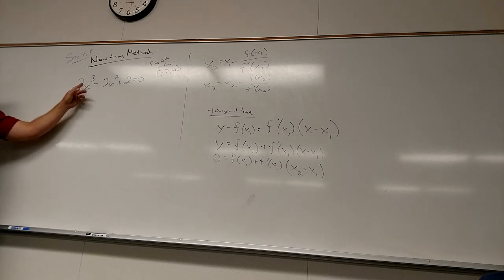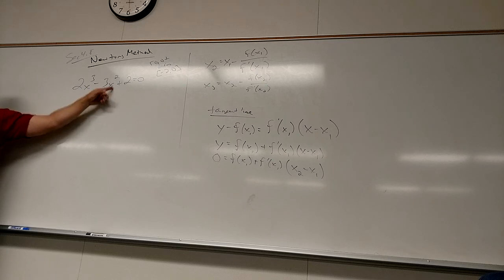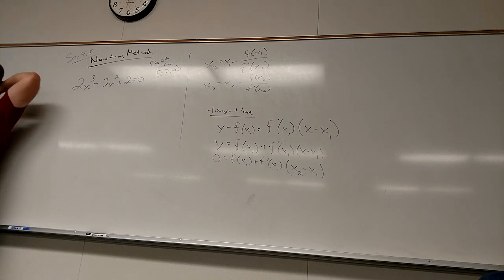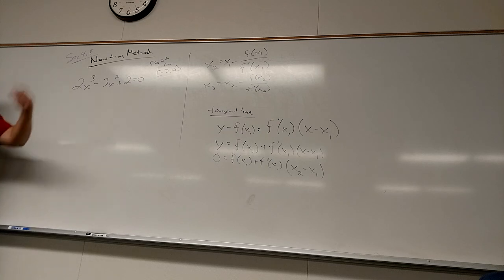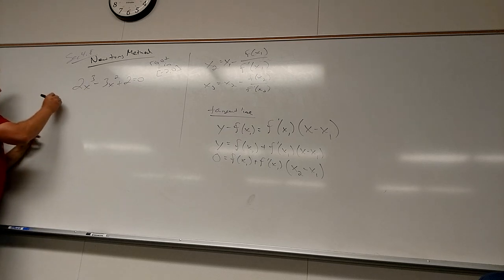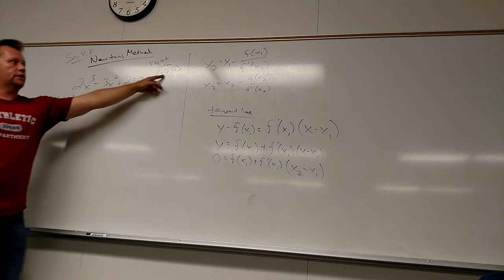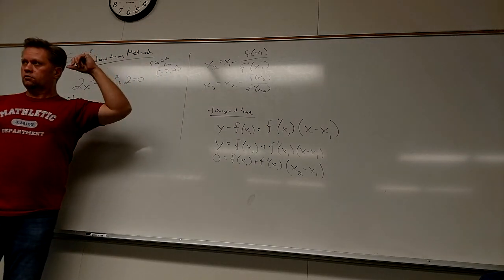The -16 minus 12 plus 2. That's big time negative. So what's a good first guess for the root then? Okay, -1. So let's try first guess of -1, because that's in -2 to 0, right?